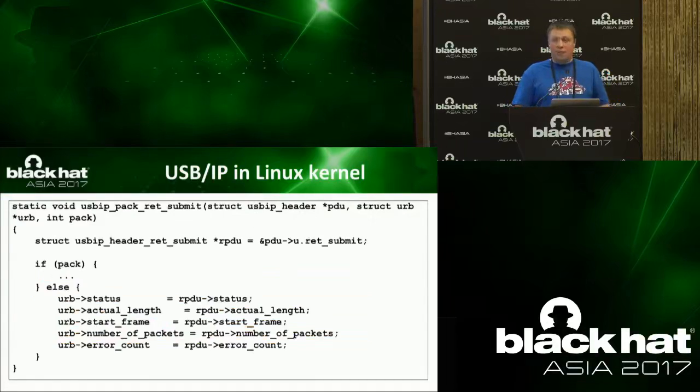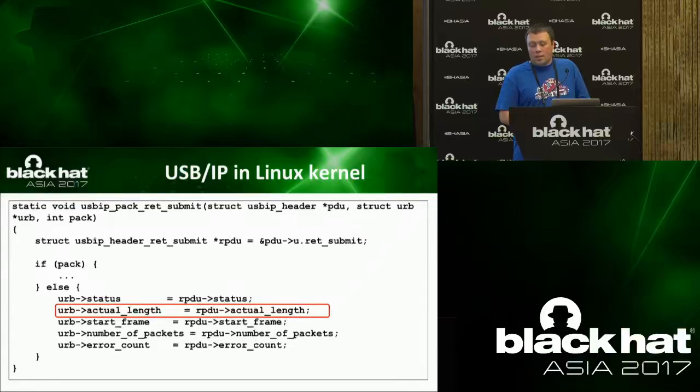If you dive into the parse header function, the interesting part is that it takes the length from the header and initializes one field in the URB data structure. The URB data structure is the in-kernel representation of a USB request block.